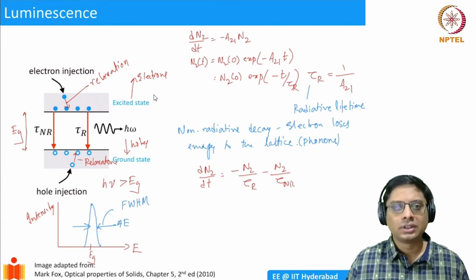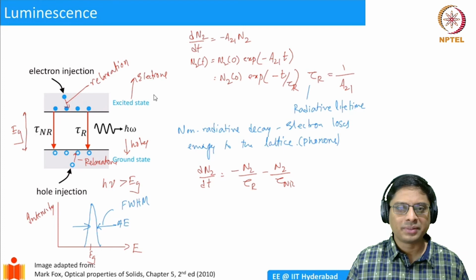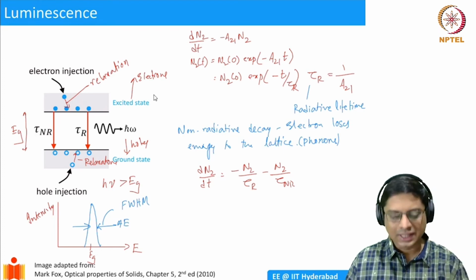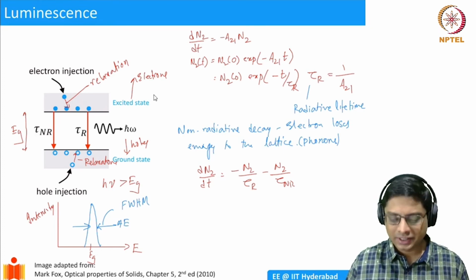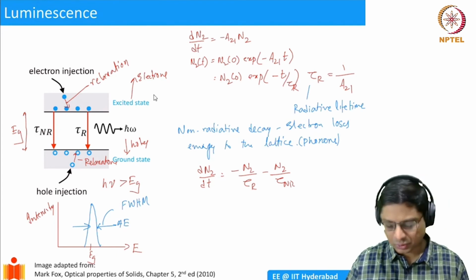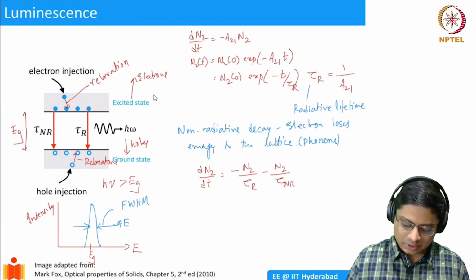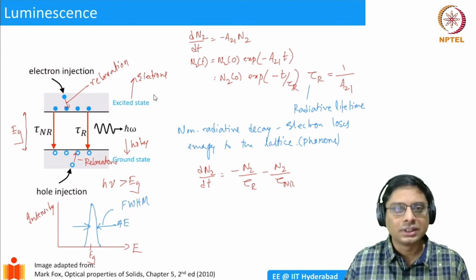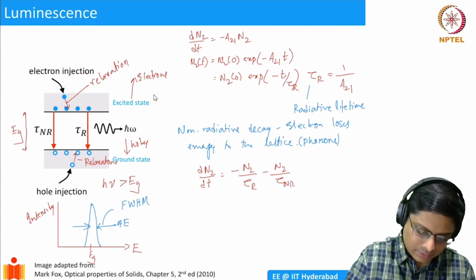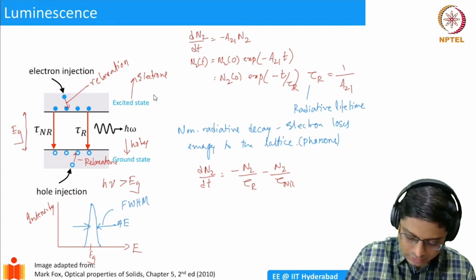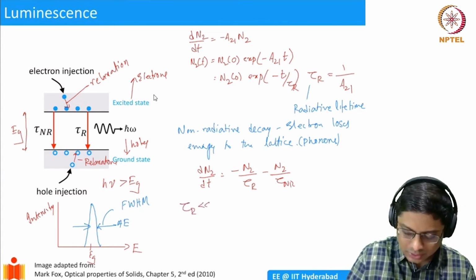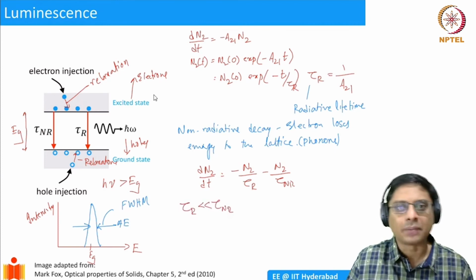When we talk about LEDs, we would like the radiative channel to be more efficient. So if tau r is smaller than tau nr, what happens?